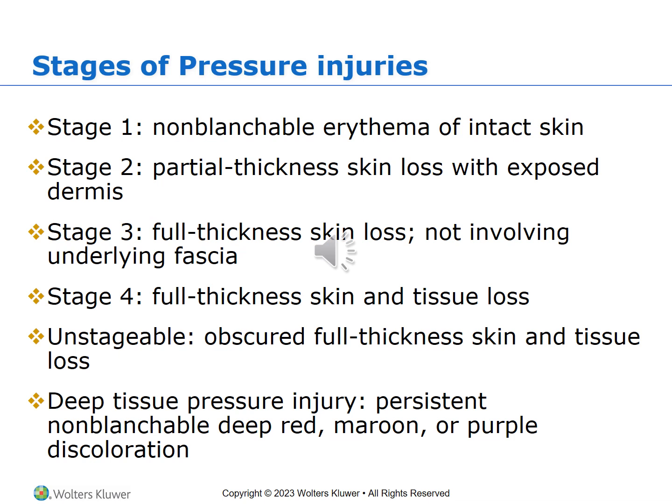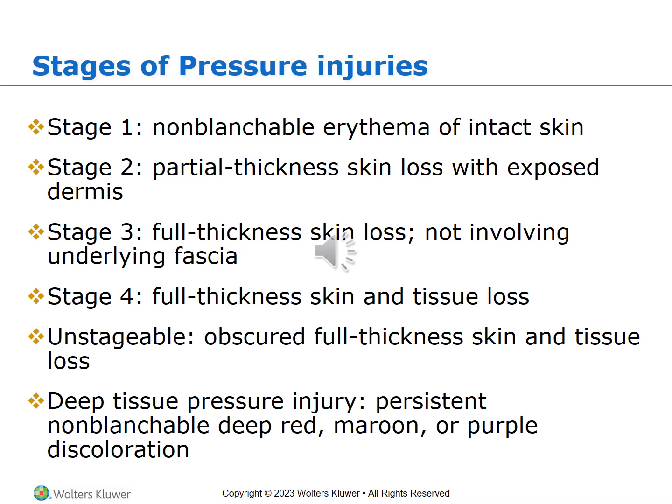So a localized area with persistent non-blanchable deep red, maroon, or purple discoloration or epithelial separation revealing a dark wound bed or a blood-filled blister. If it's a blood-filled blister, it is considered a DTI. However, if it's just a blister filled with serum or clear fluids, then it's considered a stage 2.